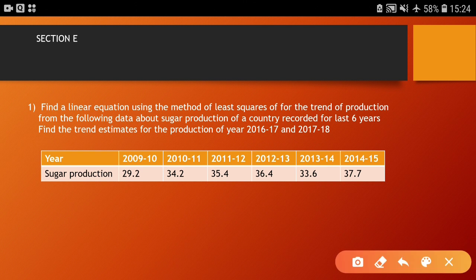You don't have to see like this, but you have to see like this. This is 1, 2, 3, 4, 5, 6. This ends at 14-15. You can see from the beginning 9-10, 10-11, 11-12, 12-13, 13-14 and 14-15. After 14-15, there will be a year called 15-16. There will be a year called 16-17.